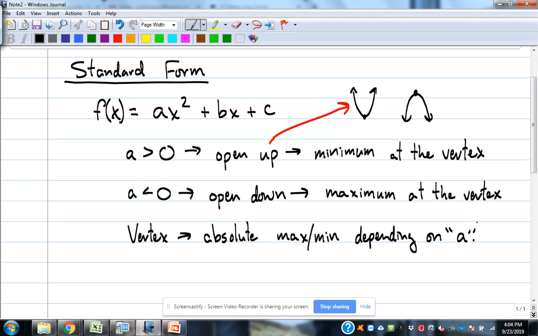If it's an absolute max, that means a is a negative number, that looks like that. If it's an absolute minimum, a is a positive number, that looks like that.